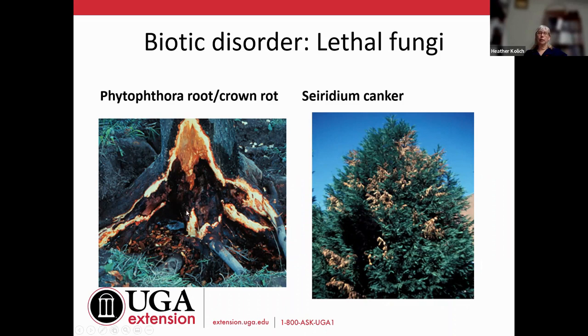Usually root rot symptoms we're going to see as dieback at the top of the tree because the roots are not able to push water up to the top of the tree when they're weakened. So we'll see some defoliation or some dieback at the top of the tree. And you really can't treat root rots with a fungicide because it's difficult to get the fungicide onto the roots without actually having to expose them.